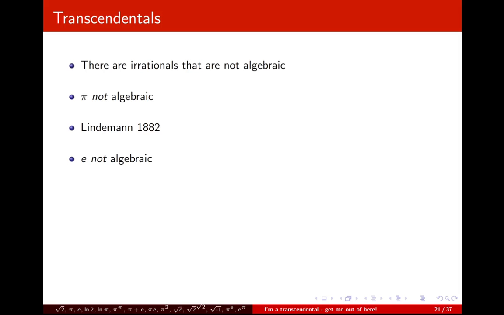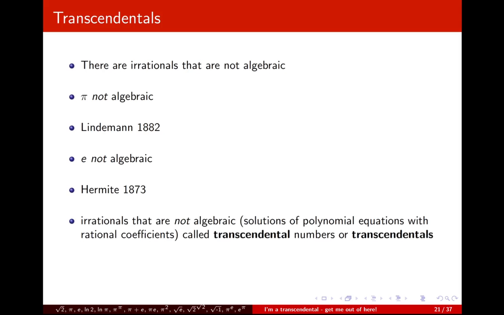It's not the solution of a polynomial equation with rational coefficients. And that was shown in 1873. So irrationals that are not algebraic are called transcendental numbers or transcendentals. And pi and e are the most famous examples of transcendental numbers.